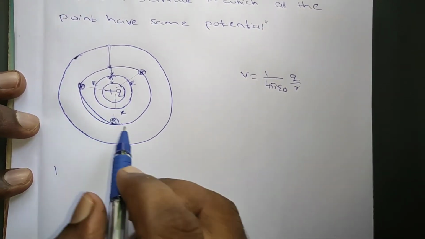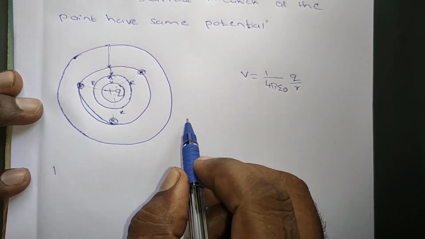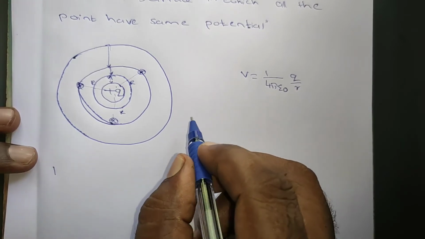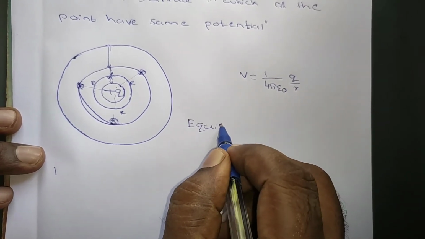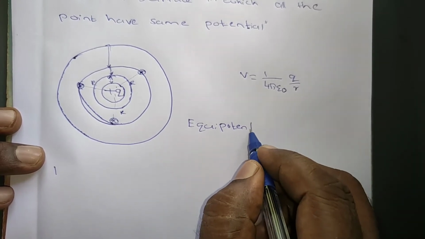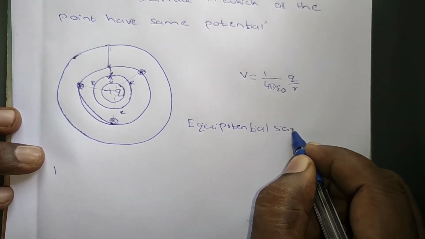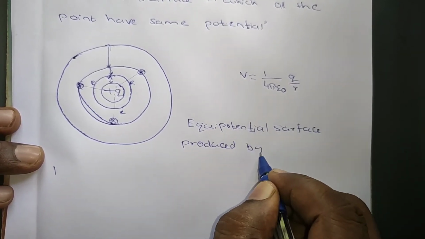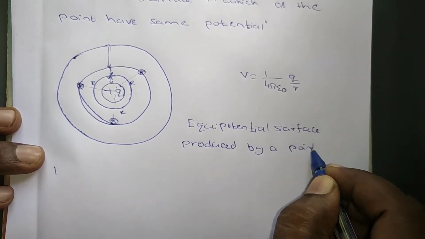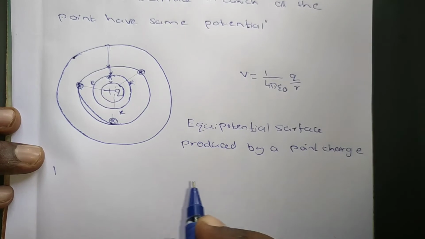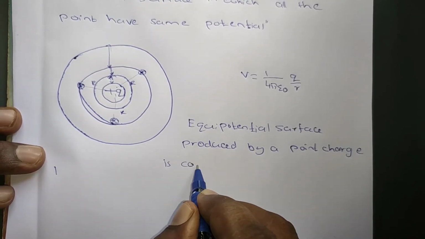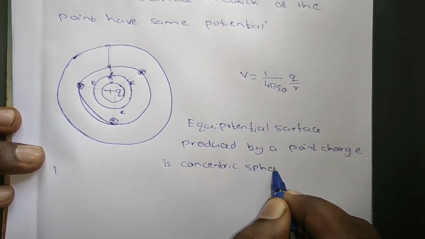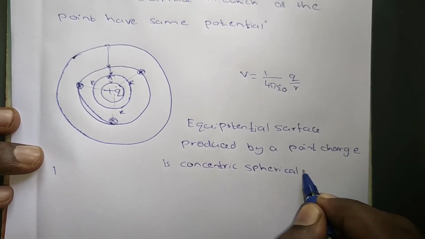Then we are going to study some properties of equipotential surfaces. First, what is the shape of the equipotential surface? The equipotential surface produced by a point charge is a concentric spherical surface.